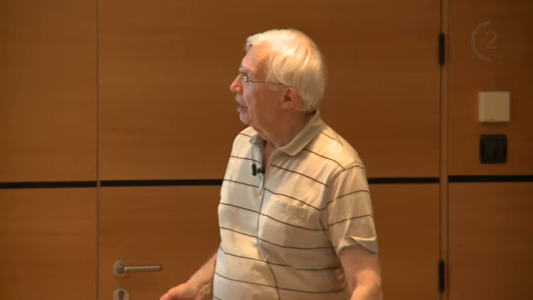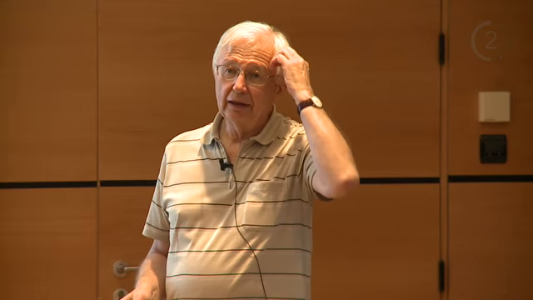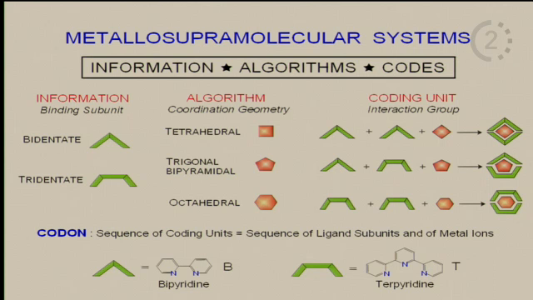So, at the beginning we just stick with geometry. If you have a unit with two binding sites, bidentate, and you connect it through a tetrahedral organizing site, I replace it by a square because it's easier to picture than a tetrahedron.